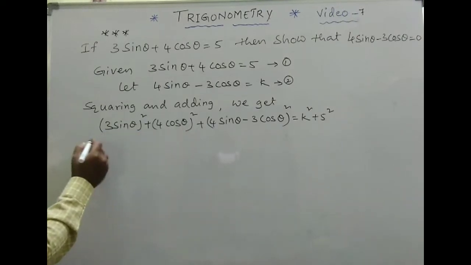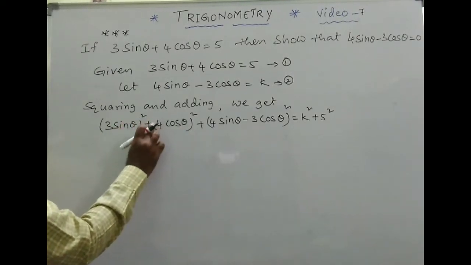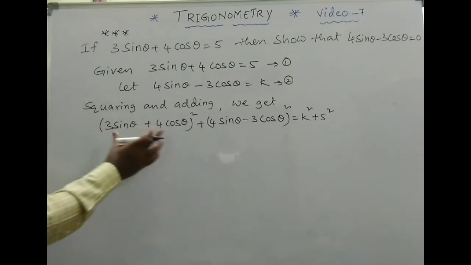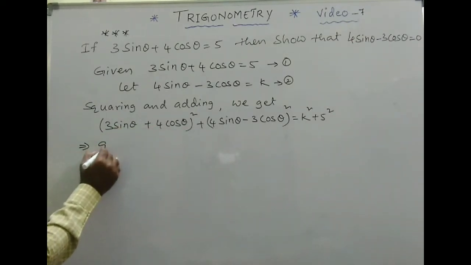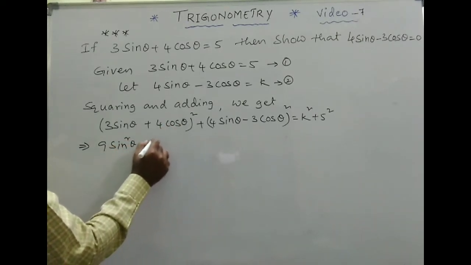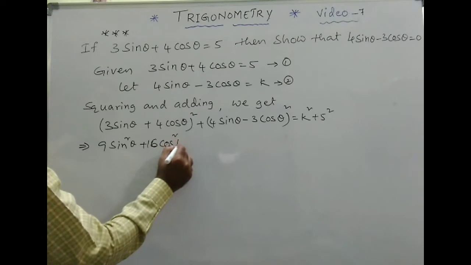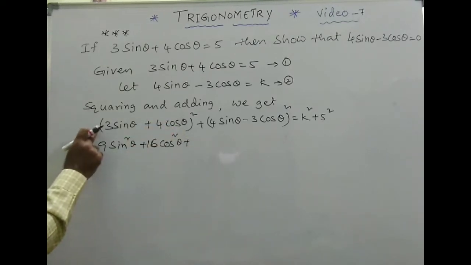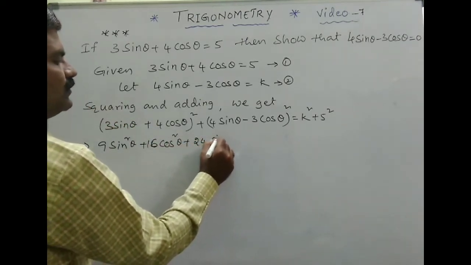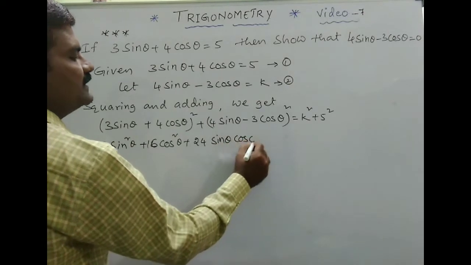So let us expand this. (a plus b) whole square: a square, which is 9 sin square theta, plus b square, 16 cos square theta, plus 2ab, 2 into 3 into 4, that is 24 sin theta cos theta.